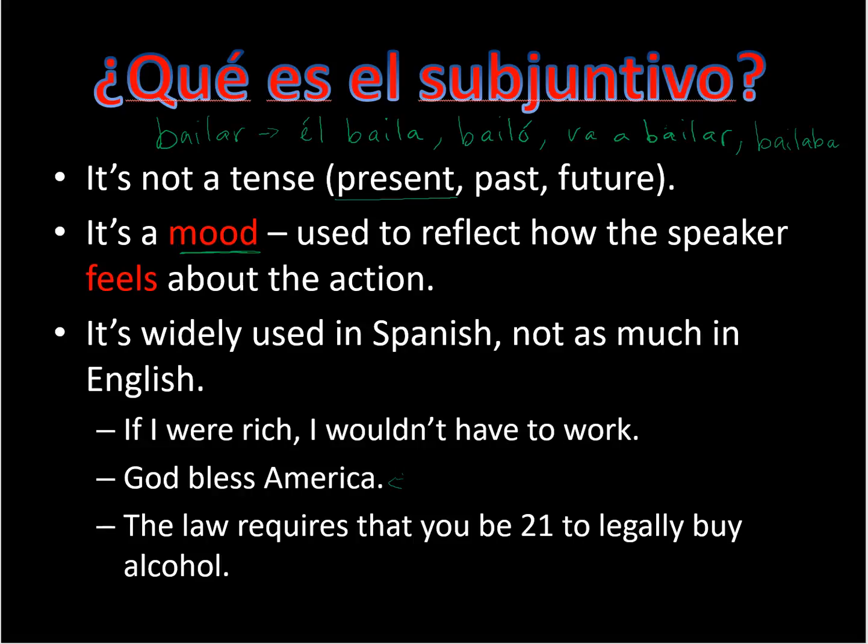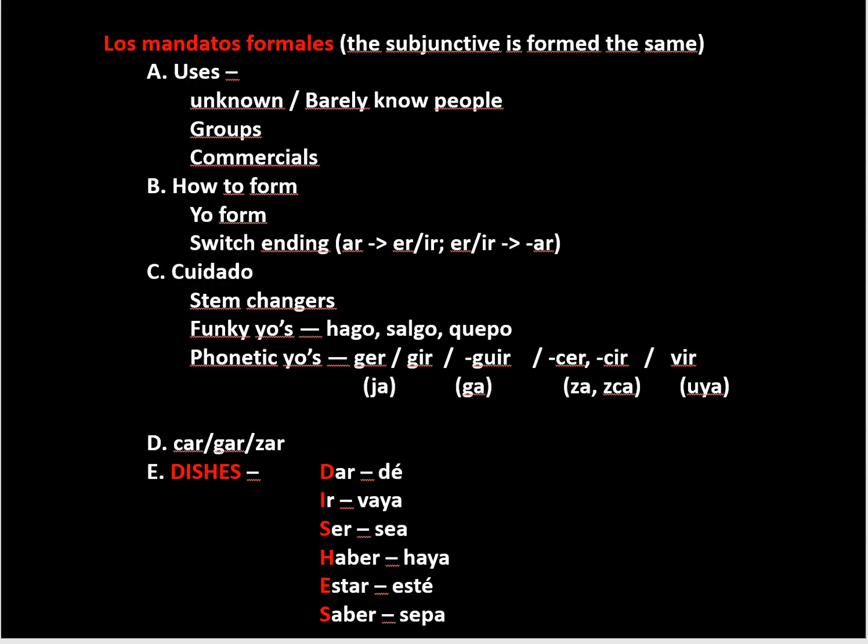The law requires that you be 21 to legally buy alcohol. Those are a few examples of subjunctive in English. But we say it's widely used in Spanish, not as much in English. So we do use it, but Spanish, you have to learn it. Very much used in Spanish. Los mandatos formales.